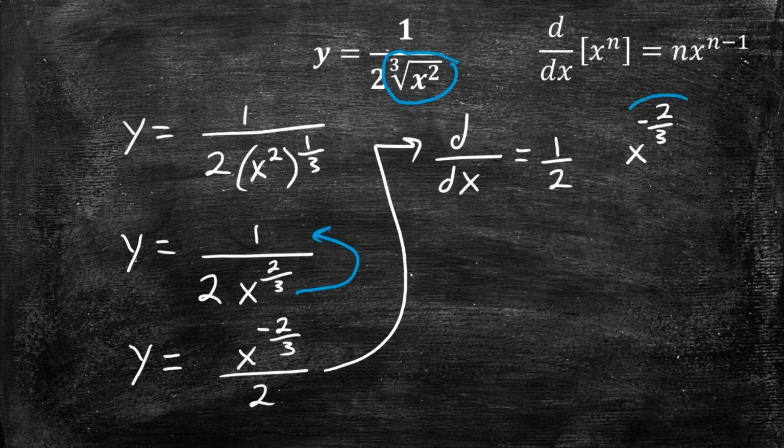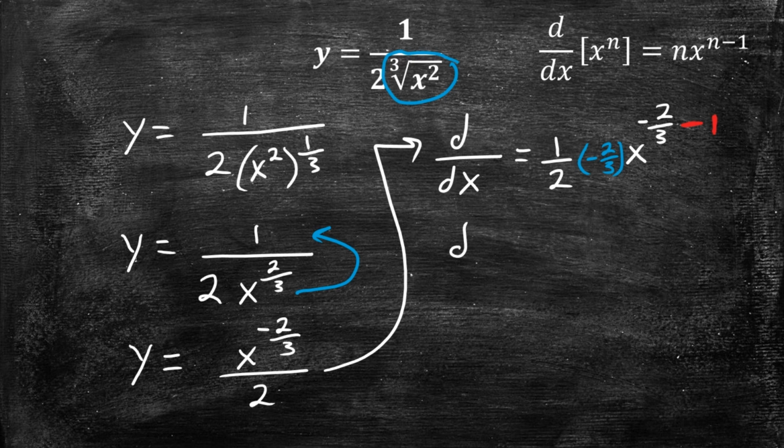Okay, from here, we take our exponent, we bring it down next to our variable. So that is negative 2 over 3. And then we subtract 1 from our exponent, minus 1. All right, so let's go ahead and simplify.